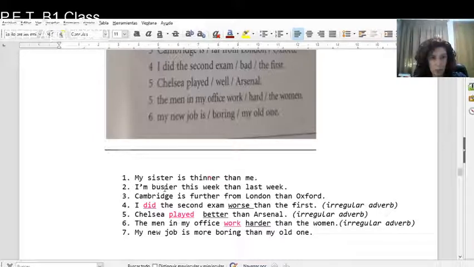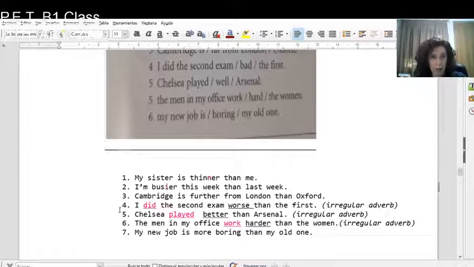Busy, 2 syllables ending in Y. I have to change the Y into I and then add the suffix. Number 3, Cambridge is farther from London than Oxford. Farther is irregular. From the adjective far, the comparison was farther.